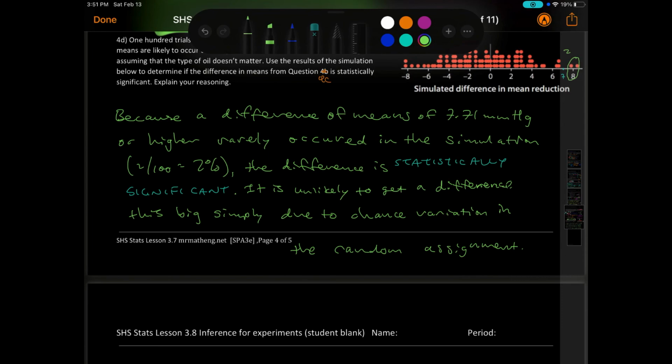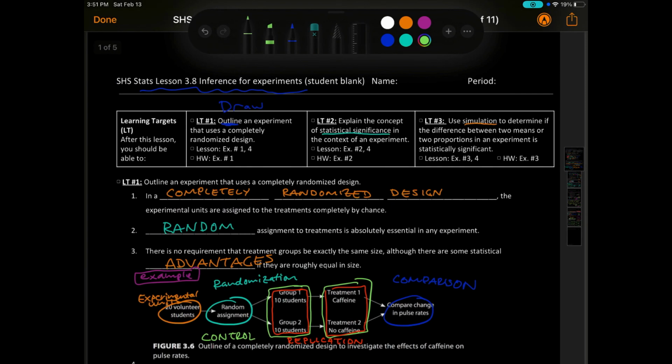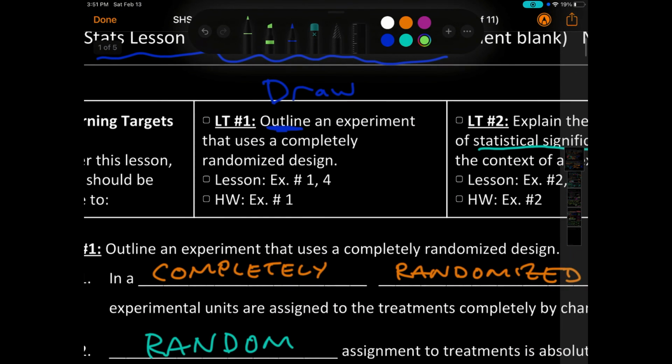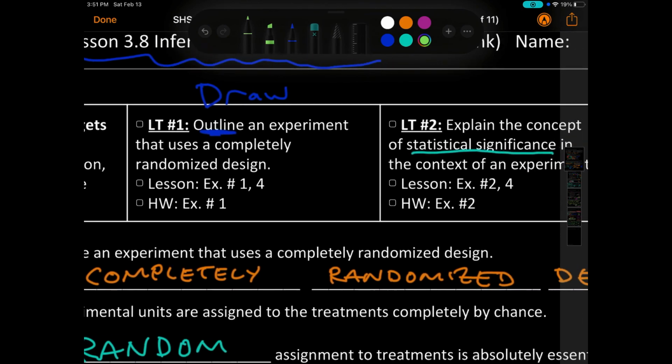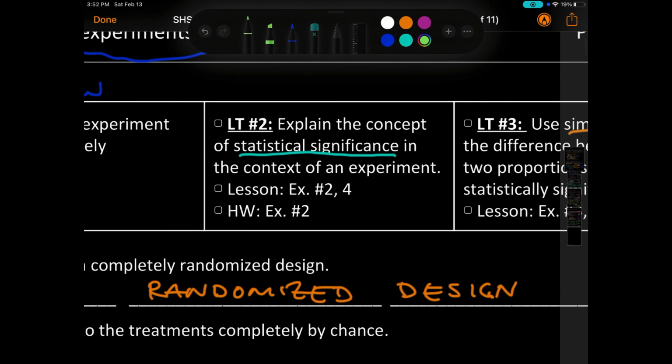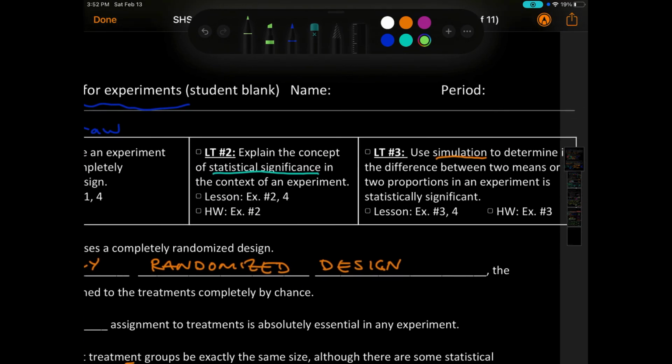All right, let's review what we learned. In learning target number 1, we learned to outline an experiment that uses completely randomized design. Number 2, explain the concept of statistically significant in the context of an experiment.